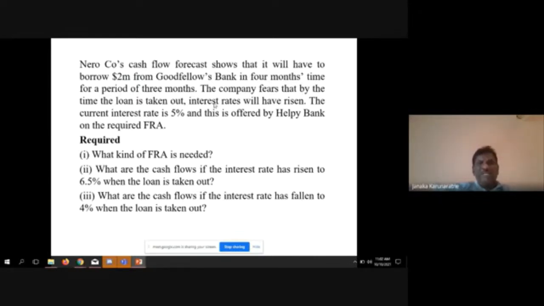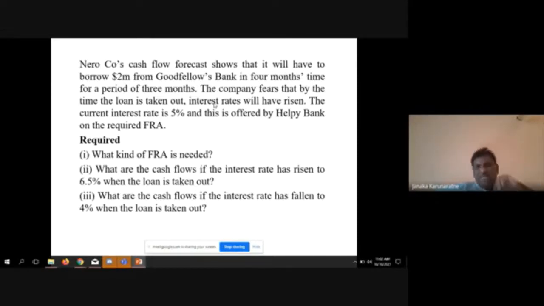Now let's look at a very simple example. Nero company's cash flow forecast shows that it will have to borrow 2 million from Goodfellows Bank in 4 months' time. So the requirement is that Nero company is to borrow 2 million from the bank in 4 months' time, not now, and it is a very short-term loan for a 3 months period.